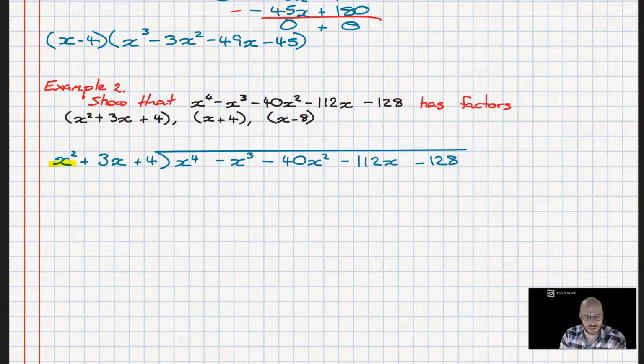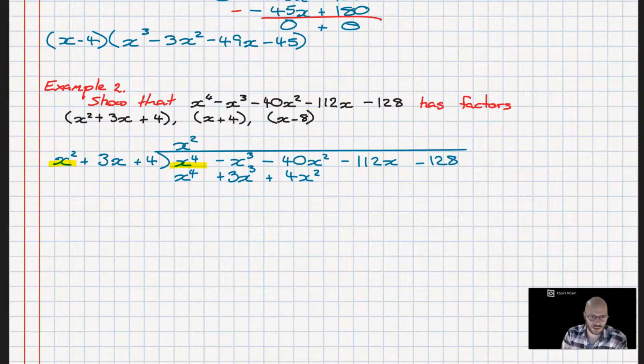So what do we multiply x squared by to make it equal x to the 4? And in this case, we're simply going to multiply it by an x squared. So x squared times x squared will be x to the 4. Then our 3x is going to turn into 3x cubed. And our 4 is going to turn into plus 4x squared.